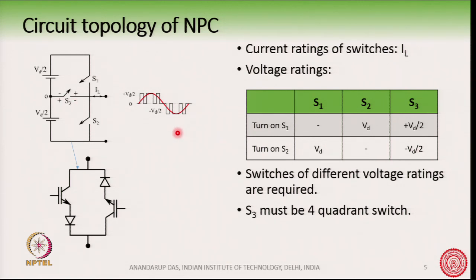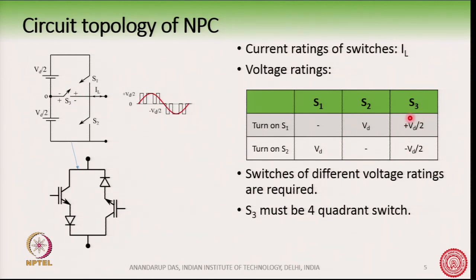Which means that this S3 has a voltage rating of half of S1 and S2. However, it must block bidirectional voltage. It should have the capability to block bidirectional voltage, as we have just explained.